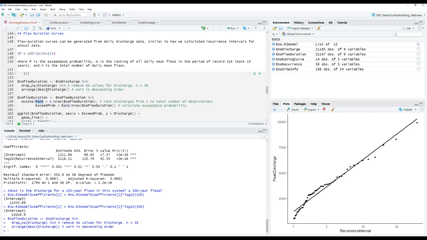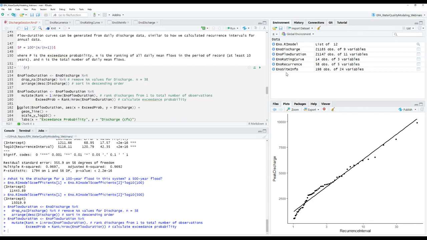And so this is why it was nice that we arranged these in descending order, because now we can just add a column that just numbers them one after another. So we can go 1 to the number of rows in the data set. Then we can calculate an exceedance probability where we are dividing our rank by the number of rows in Eno flow duration. So there's our exceedance probability.